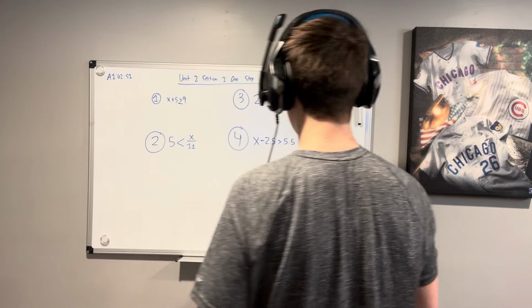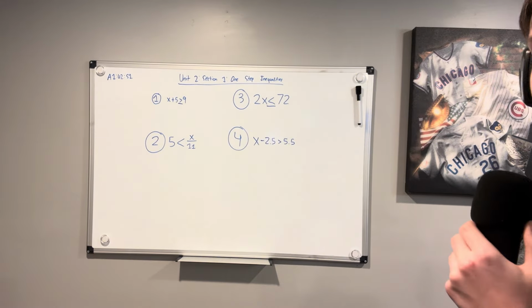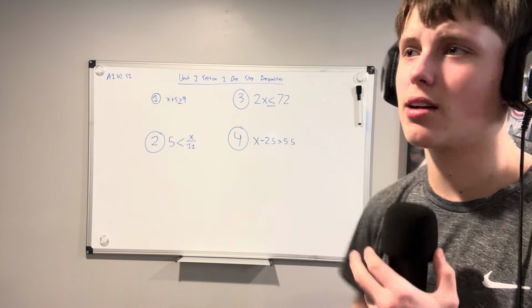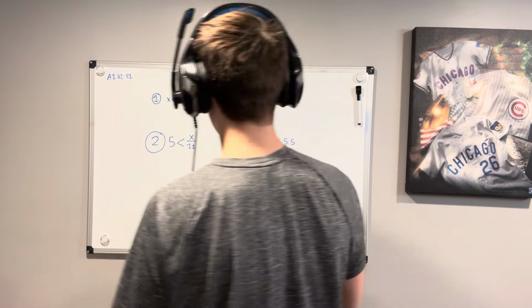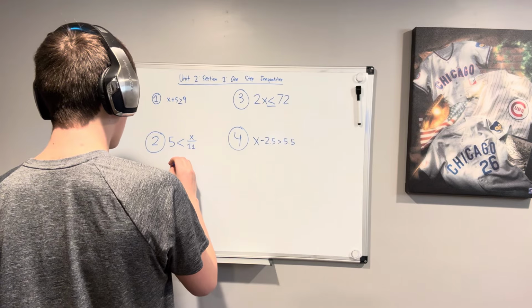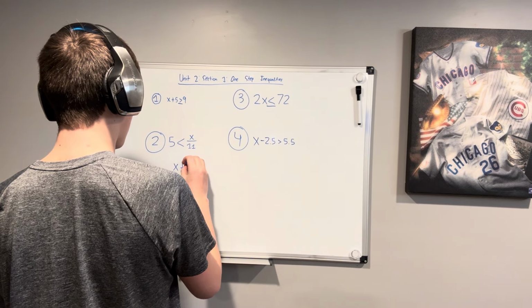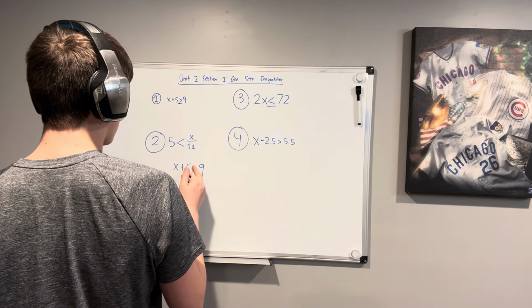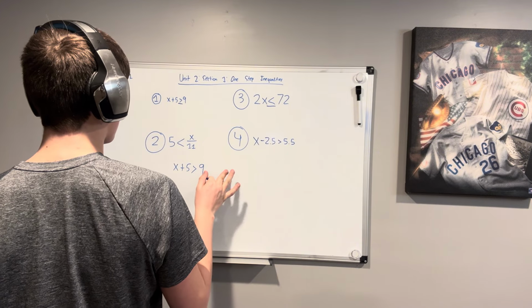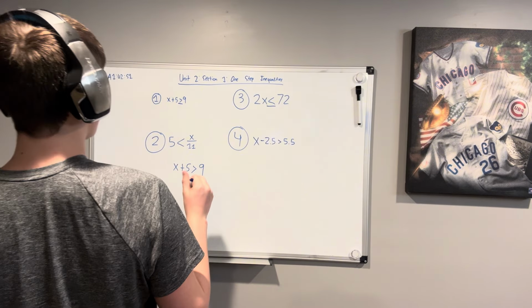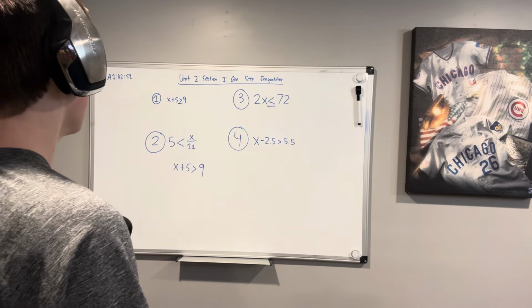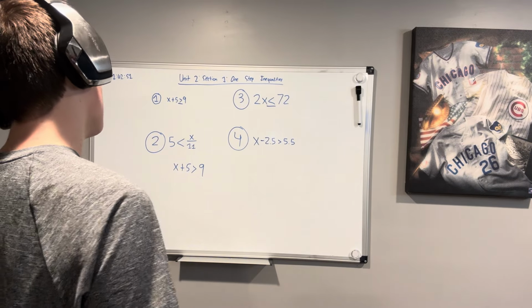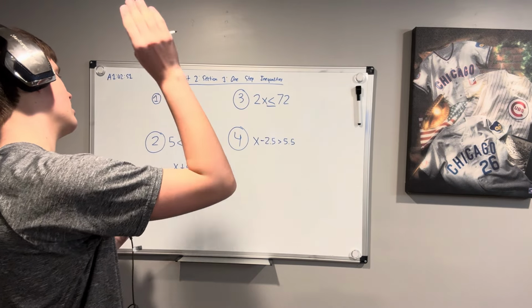So that's greater than. Now, how do I know this? Because I think of a crocodile. Think of it like x plus 5 is greater than 9. That means that x plus 5 is a crocodile, and it's going to eat it up.